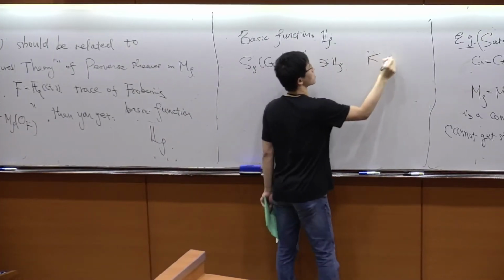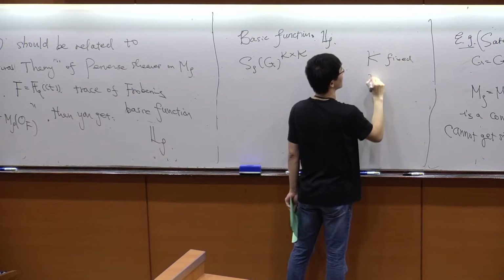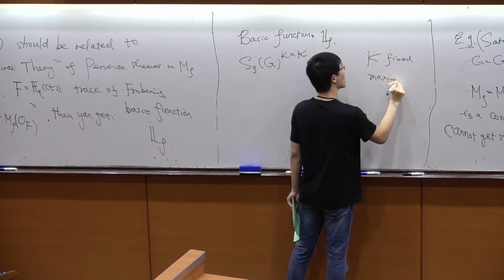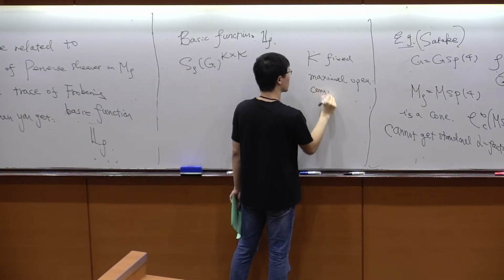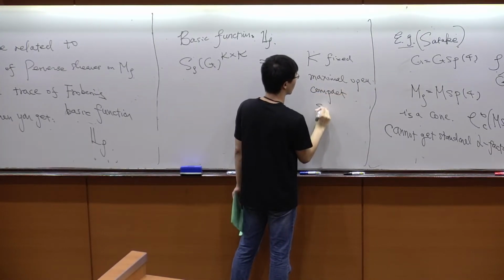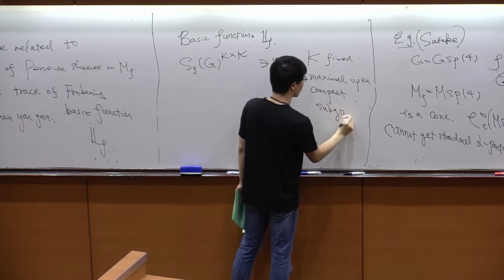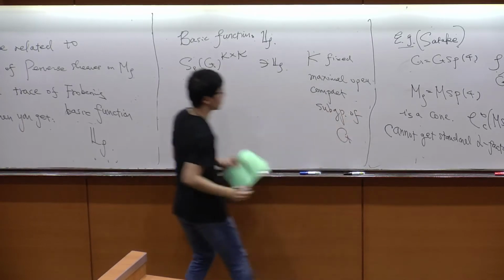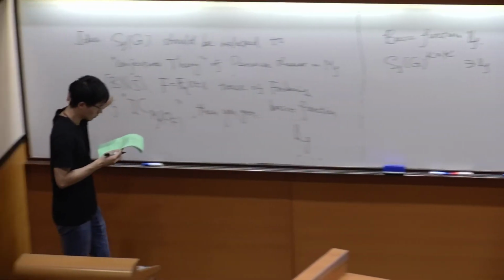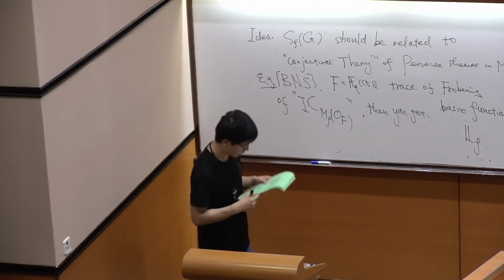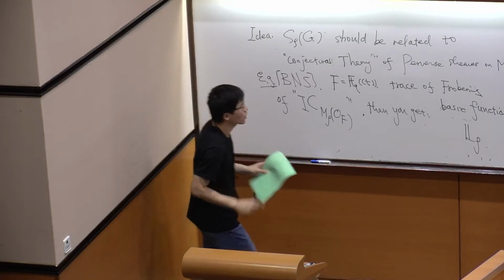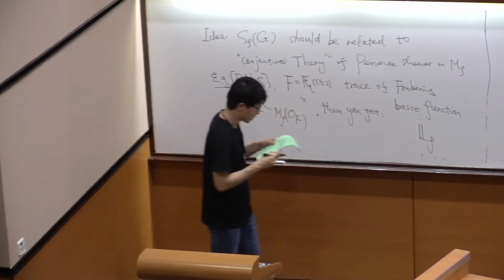Here K is a fixed maximal open compact subgroup of G. Then there's a spectral characterization for the basic function.